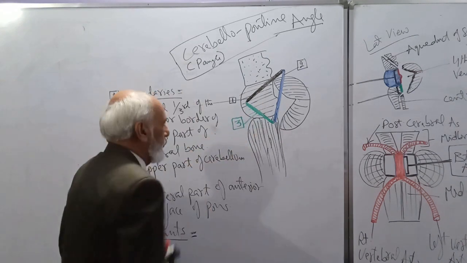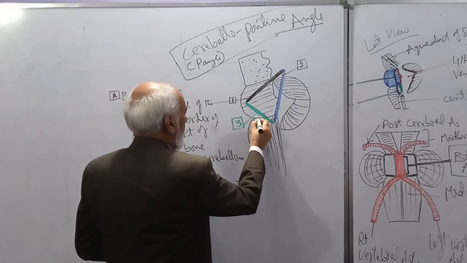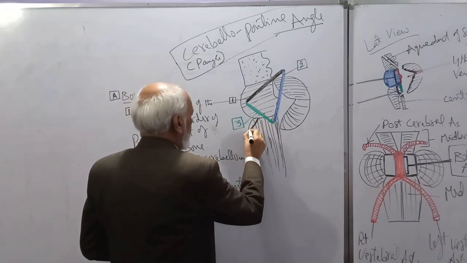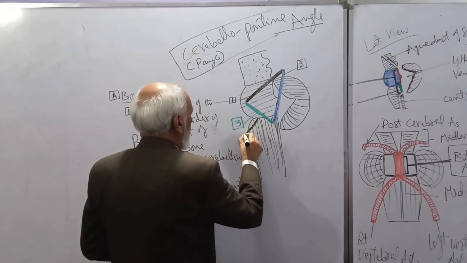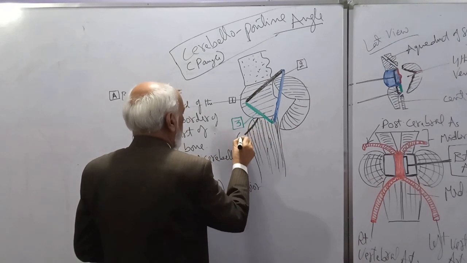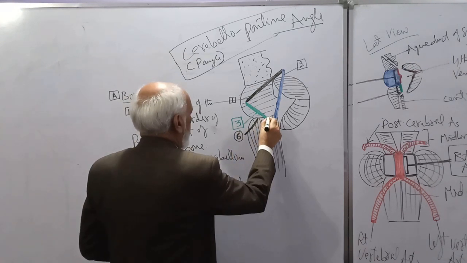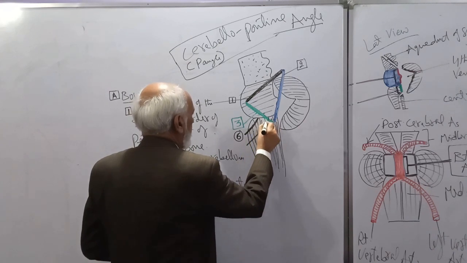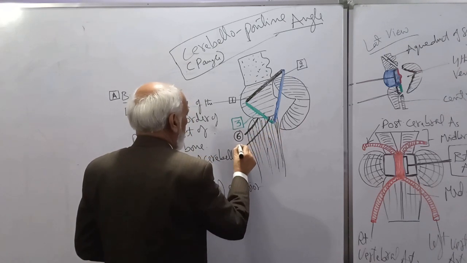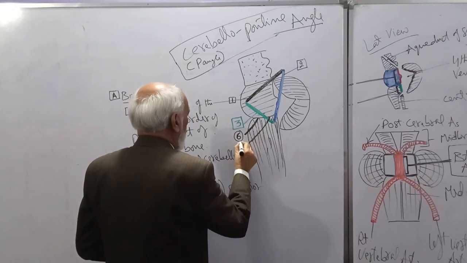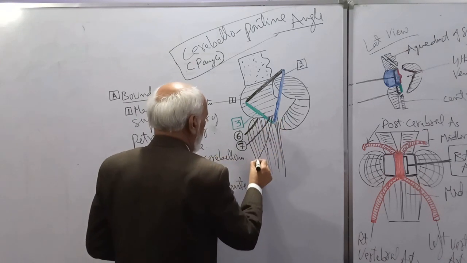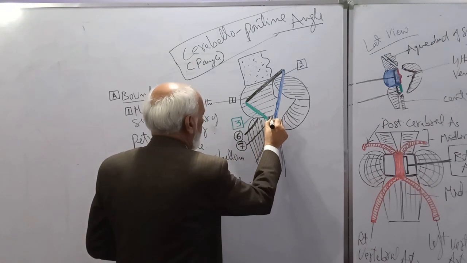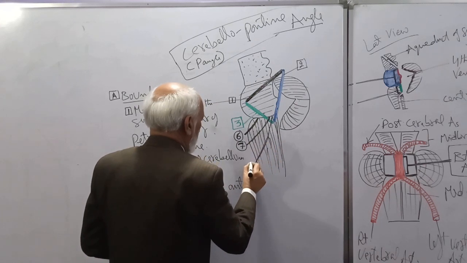What are contents here? Now this is pontomedullary junction. Here I told you is the surface attachment of sixth cranial nerve. Then here surface attachment of the seventh cranial nerve. And here is the surface attachment of the eighth cranial nerve.